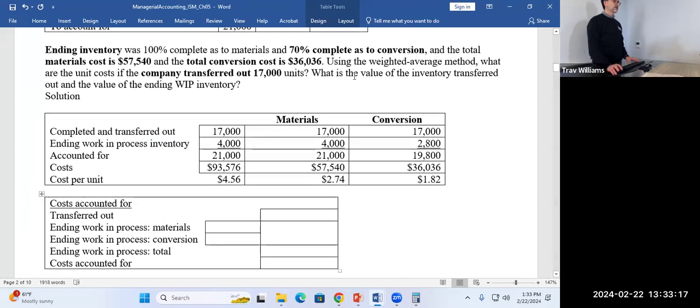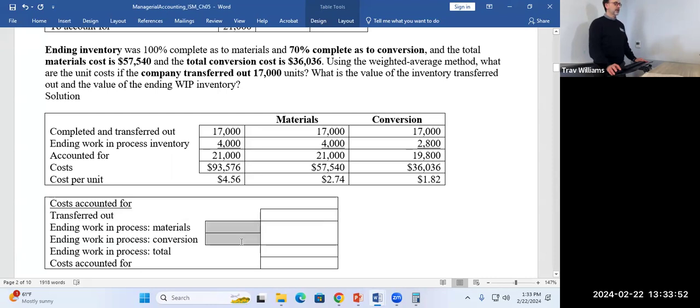Great. So we finished the first table. Are there any questions from that first table? Well then, see if you can complete the second table on your own. What we're trying to do here is figure out the costs for what got transferred out. So that'll go in the first box. The costs for materials for what's in ending work in process, the cost for conversion for what's in ending work in process.